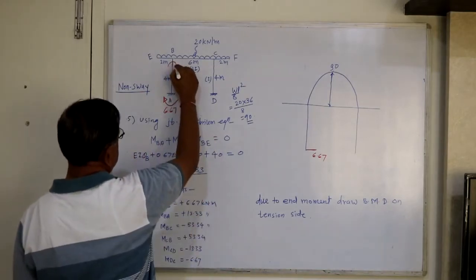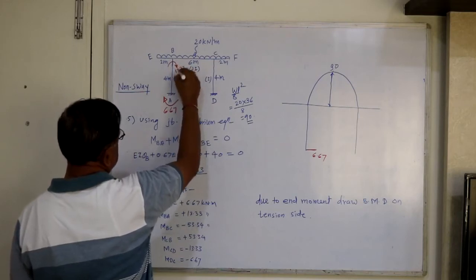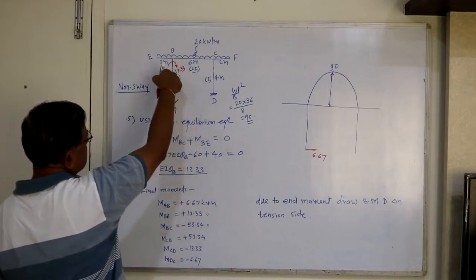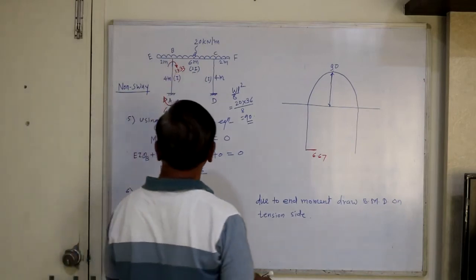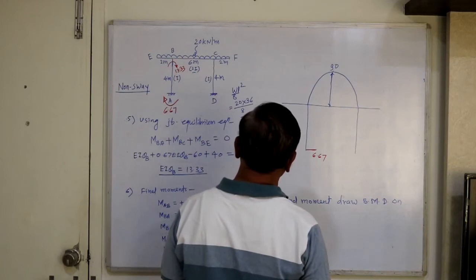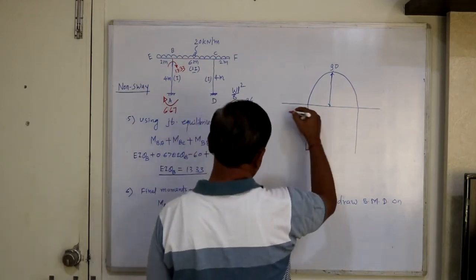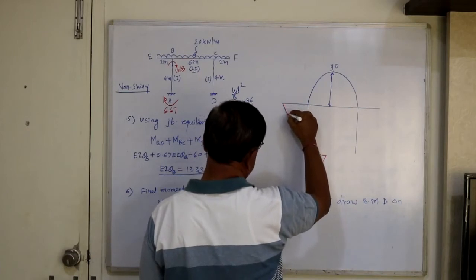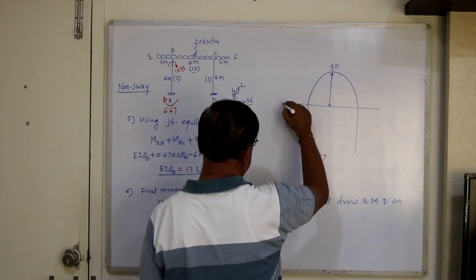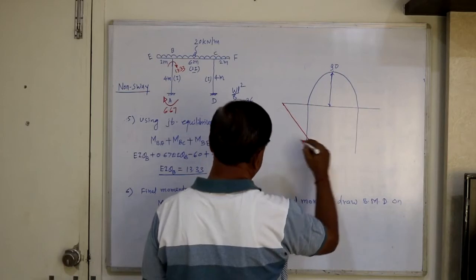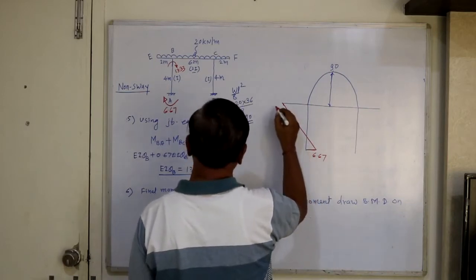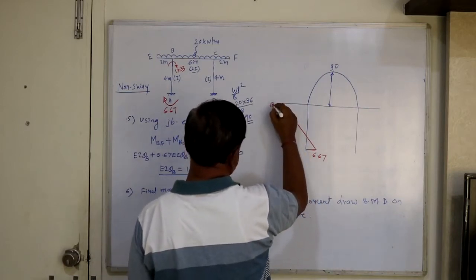So this is clockwise and this is 13.33. This is clockwise, means this produces tension outside. So you draw an ordinate on the outward side. Say this is 13.33.